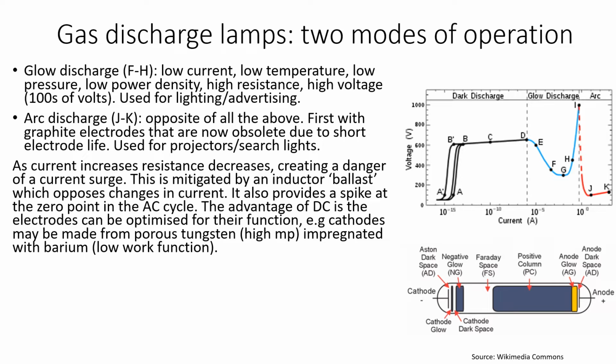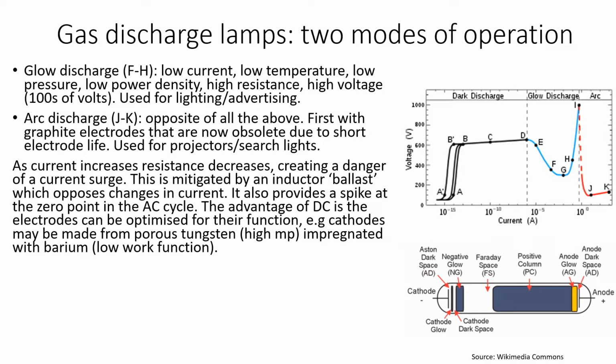One of the things that makes these lamps quite expensive is they need quite a lot of supporting electronics to prevent these sorts of current spikes, using a so-called ballast. This is using an inductor. The inductor involves a current going around a coil and inducing a magnetic field.